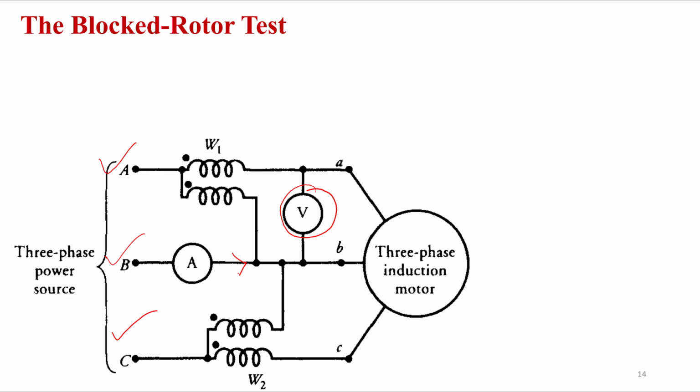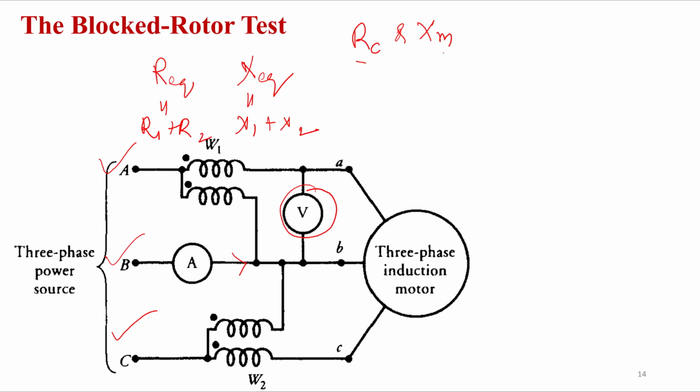In fact, through this test you can find the equivalent resistance and equivalent reactance, that means your R1 plus R2 and X1 plus X2. Why not the parallel branches like RC and XM?